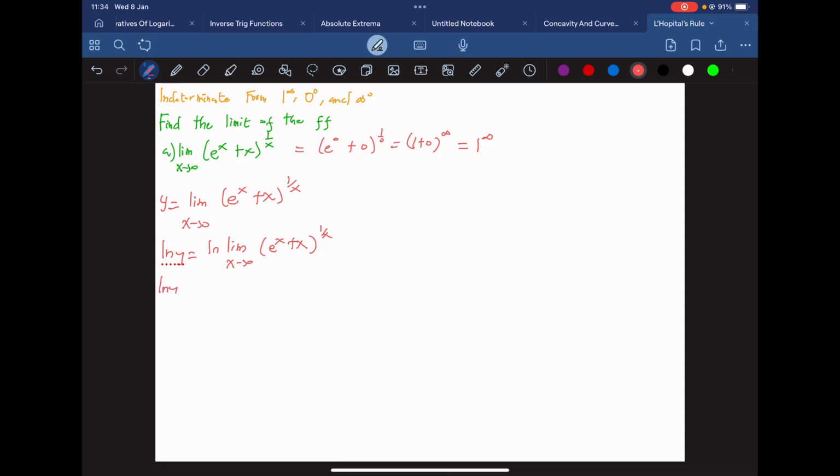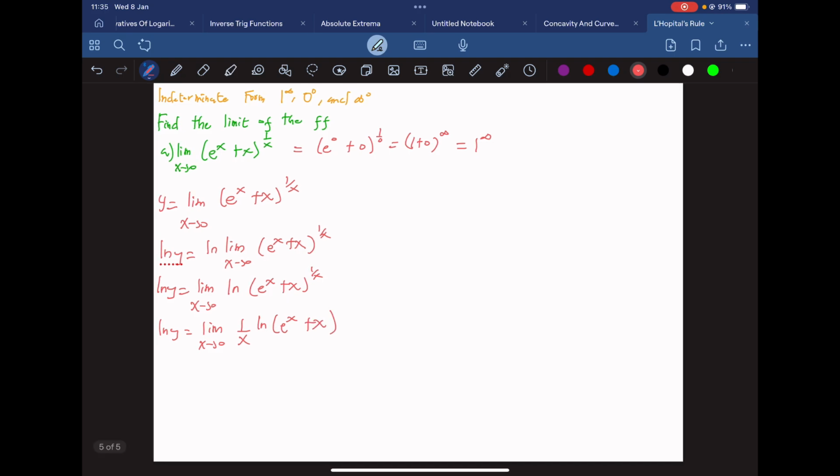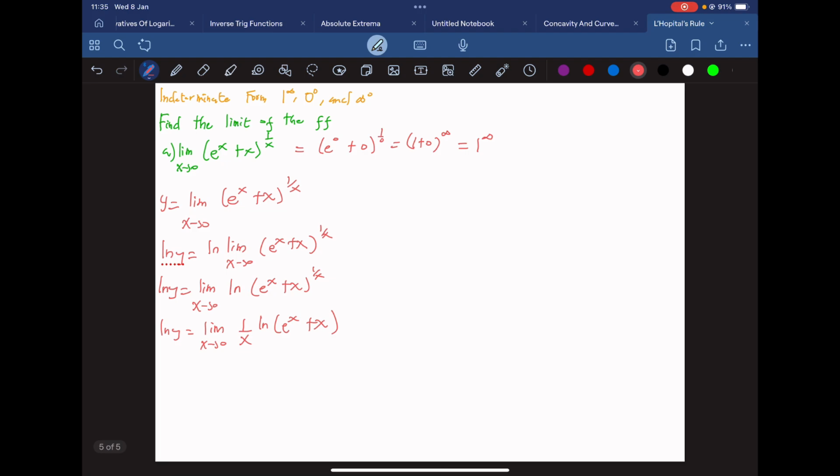So we can have the limit come first, then the natural log of (e^x + x) to the 1 over x. And using the properties of natural log, the exponent will always come down. So you have 1 over x times ln of (e^x + x). Now, on the right hand side, let's see if we have the indeterminate form that we want.